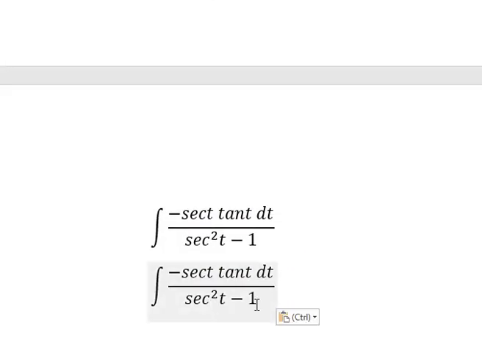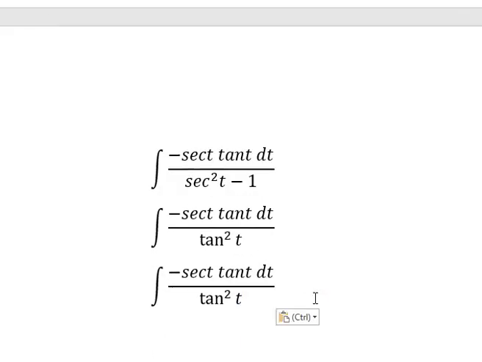Secant of t squared minus 1 we change by tan t squared. Tan t divided by tan t.